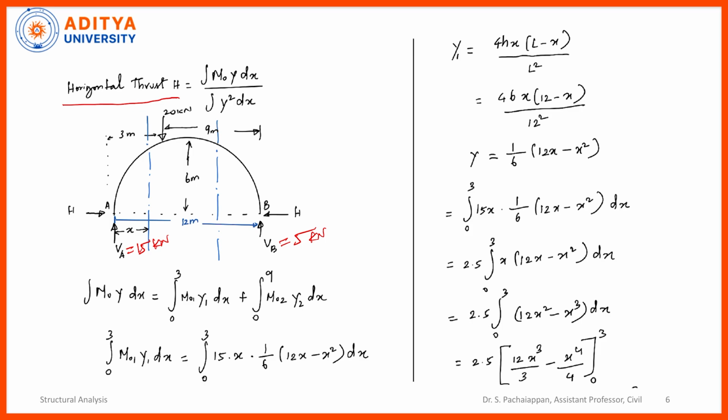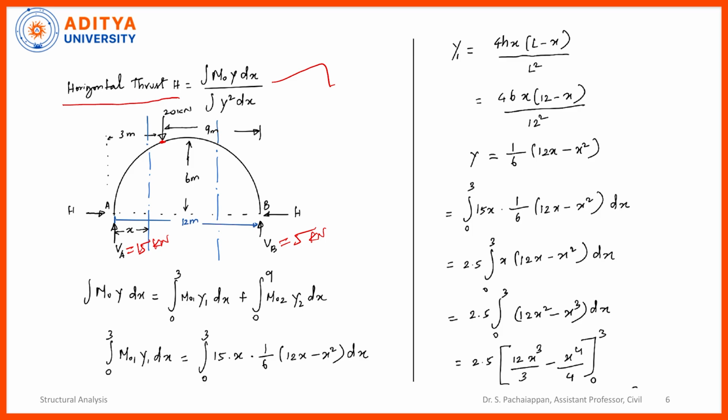For the horizontal thrust, the formula is integral M0 y dx divided by integral y square dx, which was derived from the strain energy definitions we saw in the first lecture. Now you can see this arch is subjected to a point load of 20 kilonewton, 3 meters from the left support.